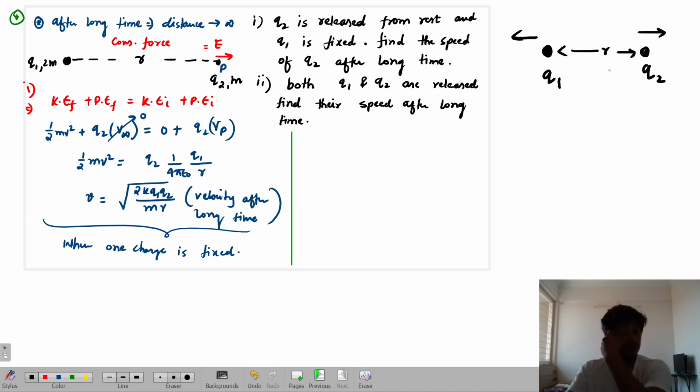Now their masses are 2m and m respectively. So how are they moving? They are moving with some kind of an impulsive force acting at that instant of time.